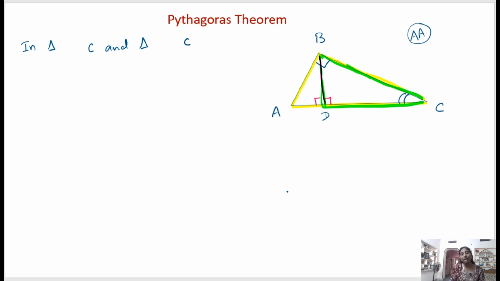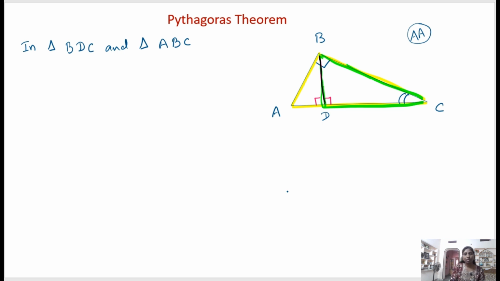I am going to write the green triangle on the left side, and the yellow triangle on the right side. So which angle is 90 degree in the green triangle? D. And which angle is 90 degree in the yellow triangle? B. Now which is the remaining angle of the green triangle? B. And which is the remaining angle in the yellow triangle? A. So this is how we should write the order of the triangles.